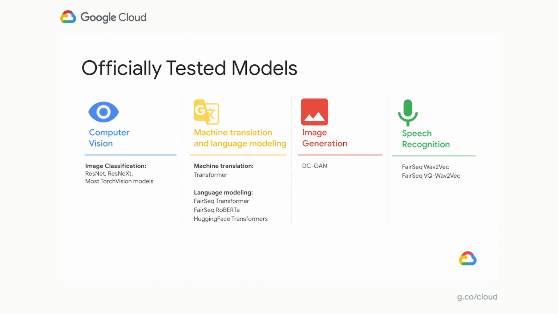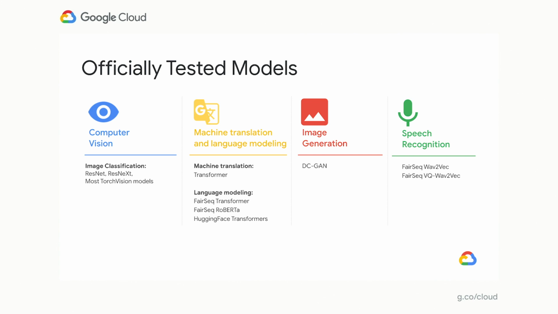So now let's look at some of the models that actually have been tested and are known to work. In the computer vision area, we have ResNet and ResNeXt, along with most torchvision models such as MobileNet and others that already work. In the NLP area, we have transformers that work. For example, Fairseq's transformer, RoBERTa, or Hugging Face's transformers.